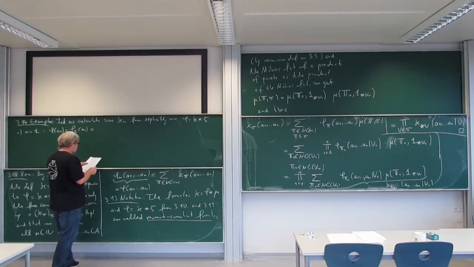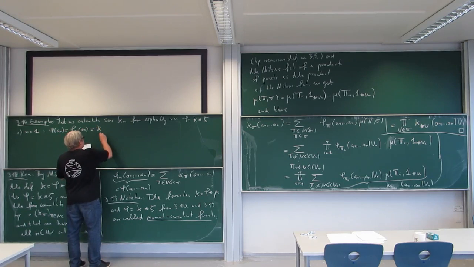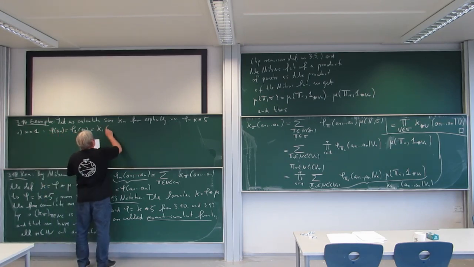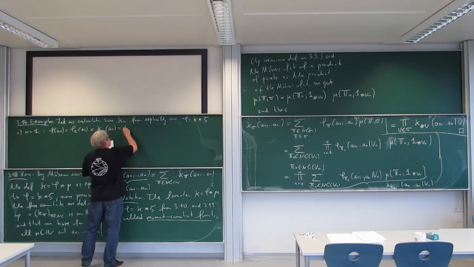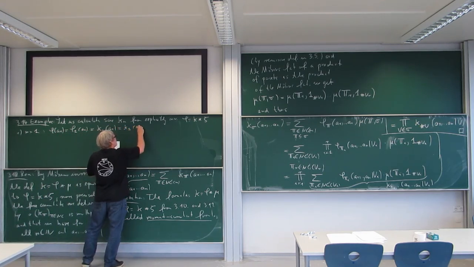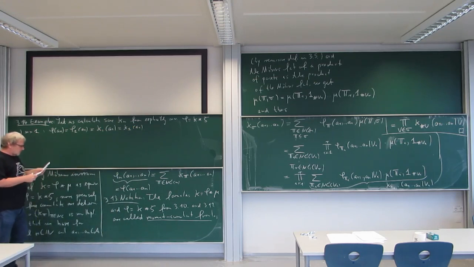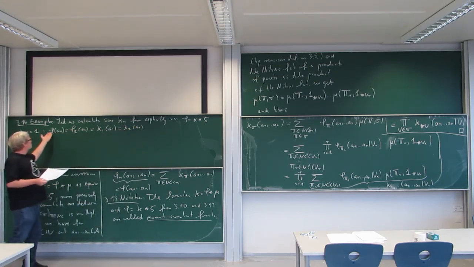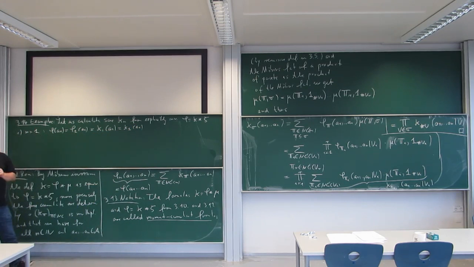So what I have is a kappa indexed by the partition of one element, which only has the one block, so this is kappa 1.